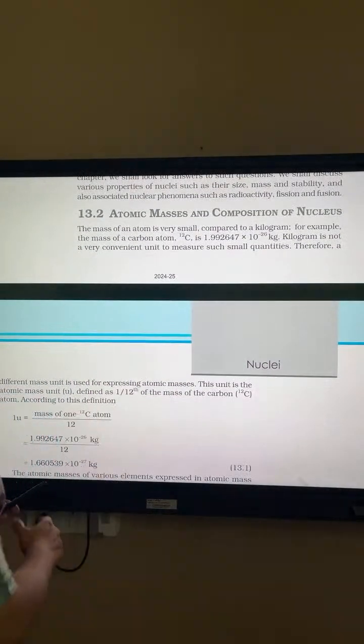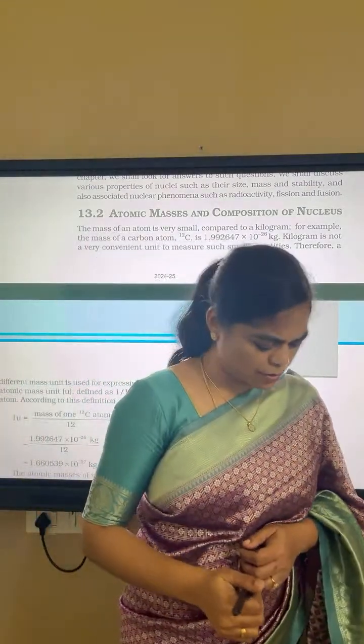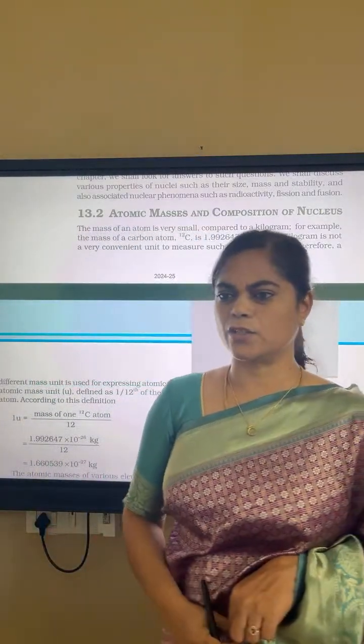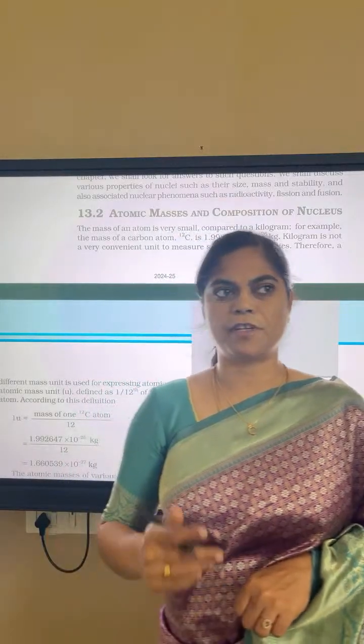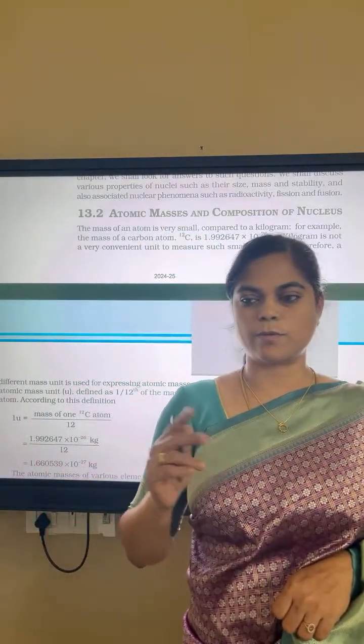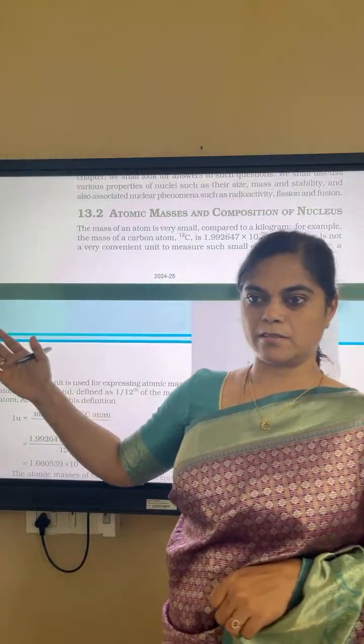Here you must understand what is atomic mass unit. This is all you have learned, right? Why is this atomic mass unit preferable? Since there are isotopes, right? Hydrogen consists of 3 isotopes, 1H1, 1H2, 1H3. So the mass number is varying. Understood?